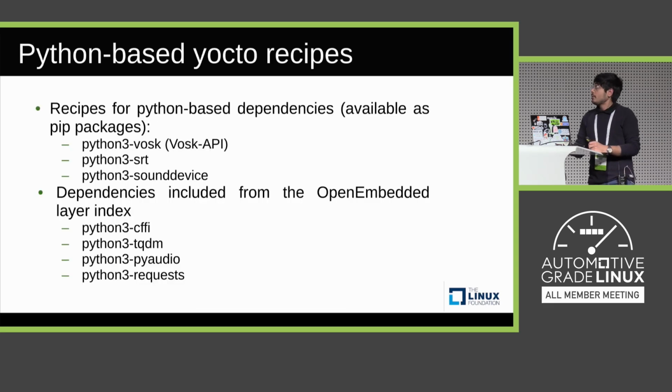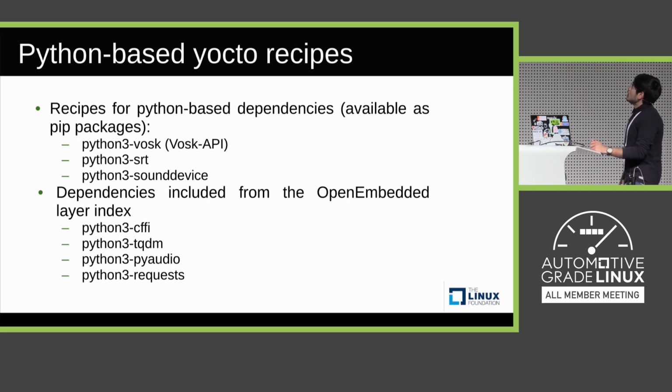So the Python-based recipes: I created these three recipes for the Vosk API to work. These are all the dependencies, starting from SRT to sounddevice to CFFI, TQDM, and PyAudio.